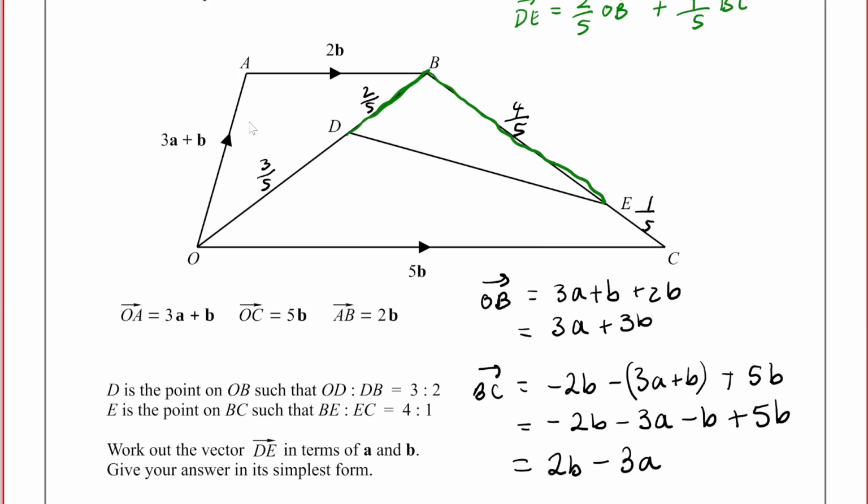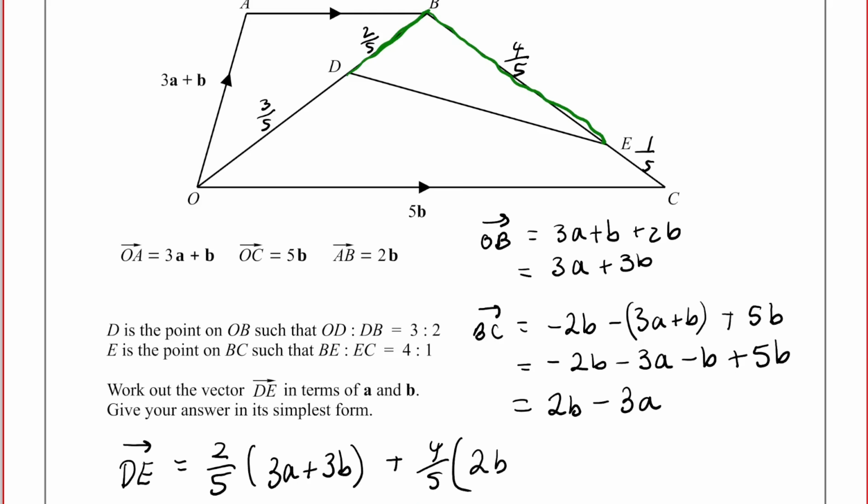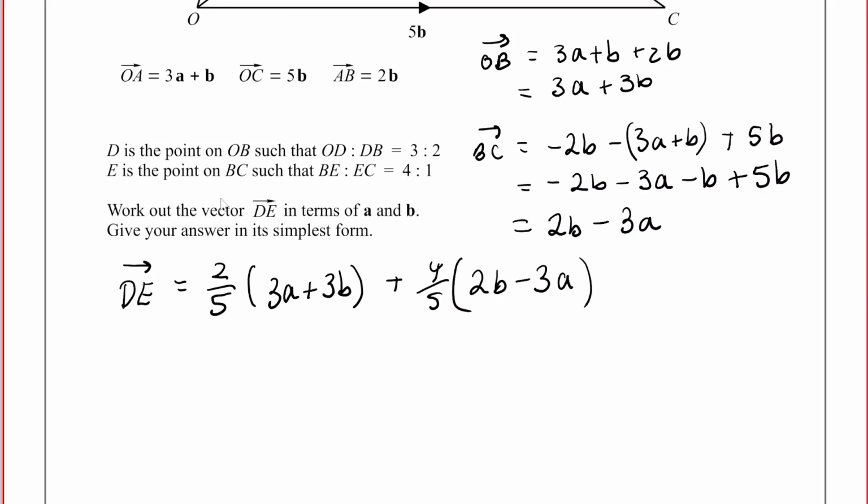So now we've got everything we need to work out D to E. So D to E is going to be 2/5 of O to B of this one plus 4/5 of B to C. So we need to expand and simplify now.